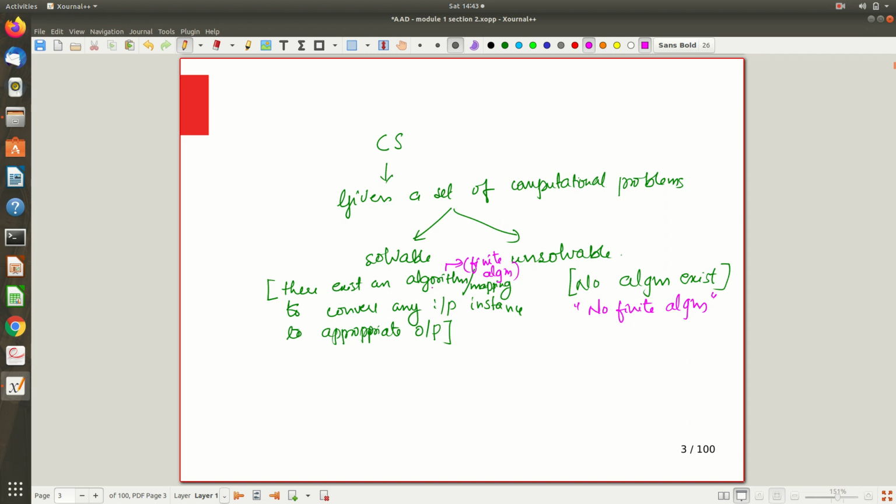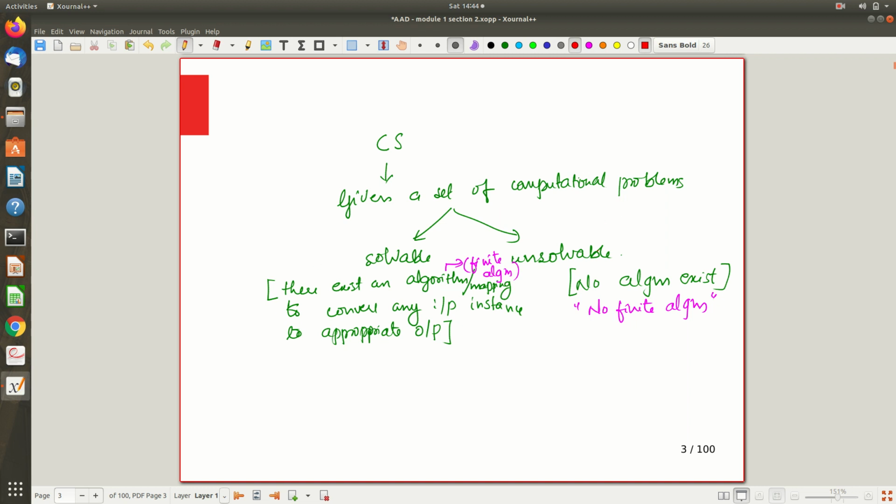Sometimes you may think of a brute force approach which will take years and years, it keeps on running, but it is not giving you the solution. At some later point it may give you the solution, but you are not interested in it, right? If you are getting a solution, you should be able to get it in a finite amount of time. That finite doesn't mean that I need the solution within 1 second or 1 minute or 1 hour. Let it take 6 months, fine, but I need a solution within a finite amount of time. If such an algorithm exists, I can call the problem a solvable problem. If no such algorithm exists, it will be an unsolvable problem.